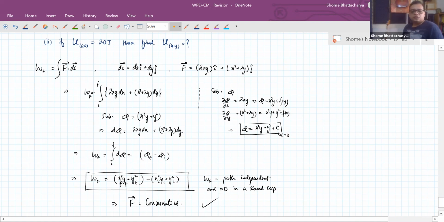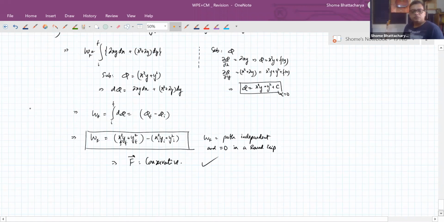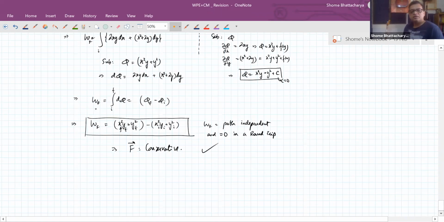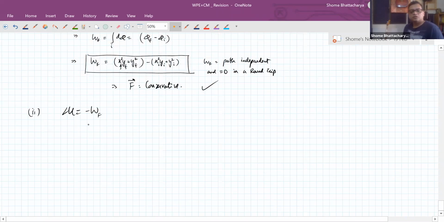Now, once we have understood that the force is conservative, we can use the relationship of potential energy with work done. Delta U is the negative of the work done by this force. Okay. So potential energy at some general x, y minus potential energy at the origin would be equal to the negative of F dot ds from the origin to this particular point.